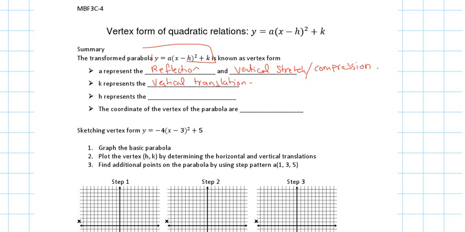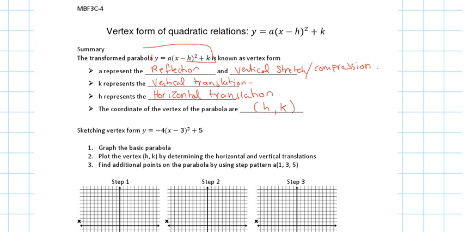And then h represents what? And the coordinates of the vertex of the parabola are (h, k).